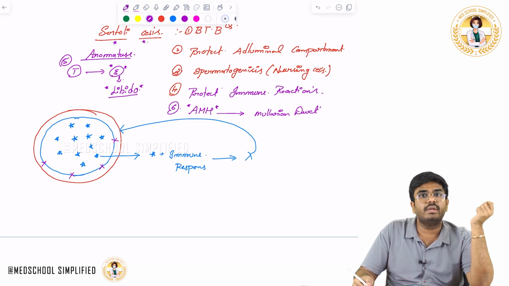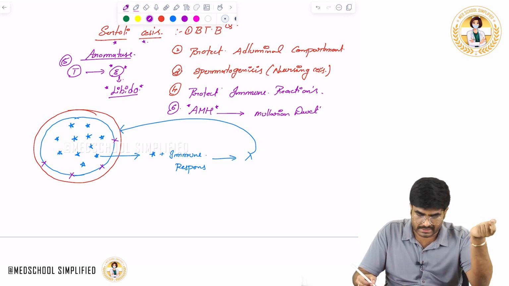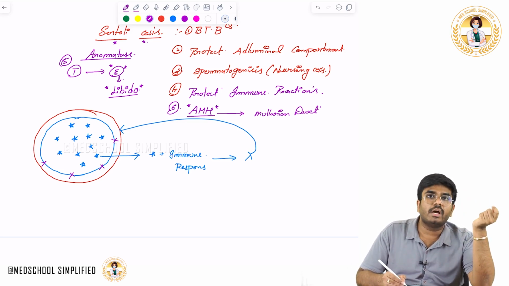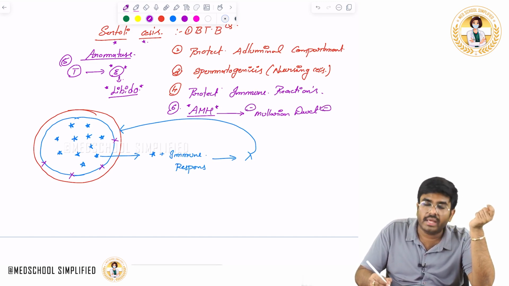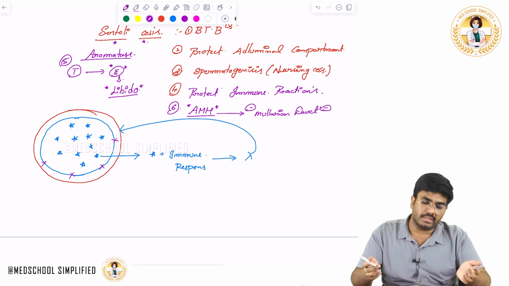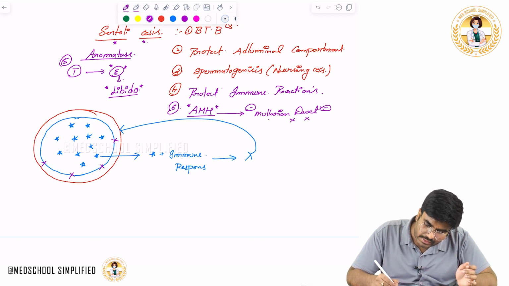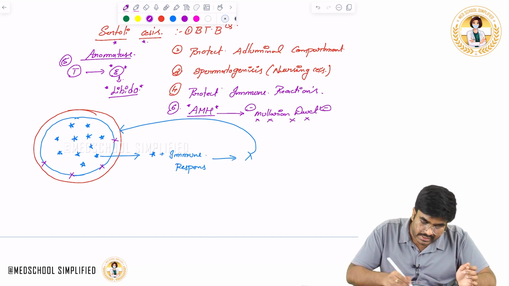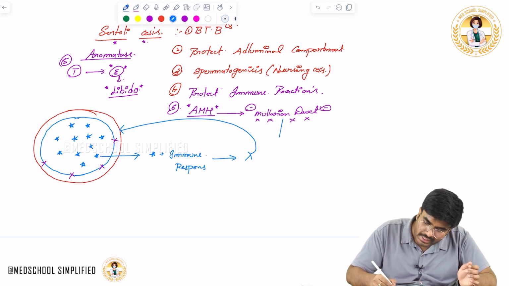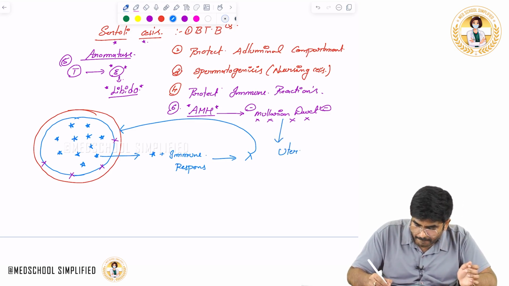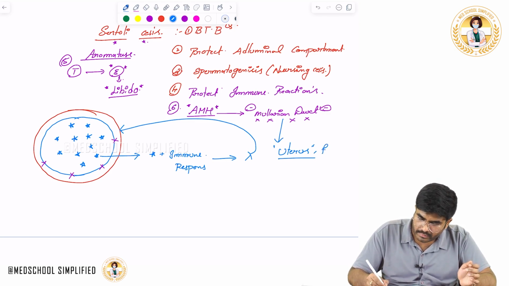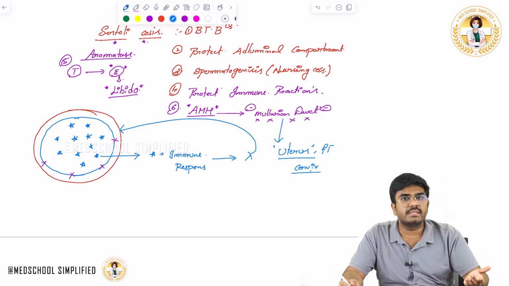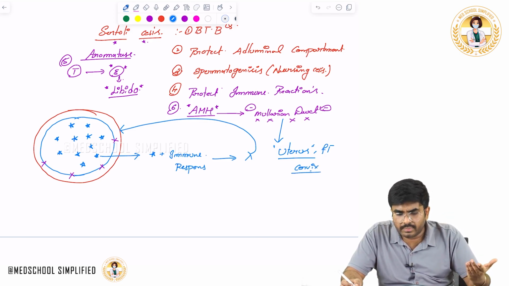Anti-Mullerian hormone inhibits Mullerian duct expression, so the Mullerian duct will be regressed. Otherwise, what happens? The Mullerian duct is the one which forms the uterus, fallopian tubes, and cervix. The Mullerian duct is the one which forms the female reproductive organs.